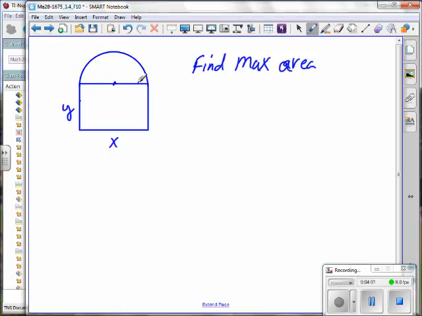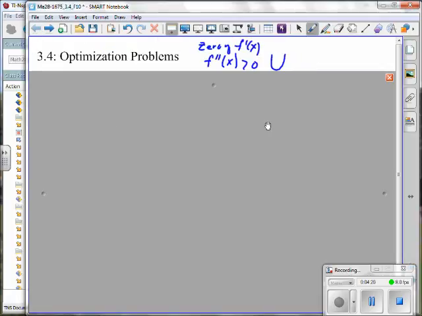If this is a semicircle, then this portion of it would be the radius of that circle. So we know how to find area. But the problem is to find maximum area takes our calculus. And that is what this section is all about. We're going to optimize, meaning we're going to find minimums and maximums.